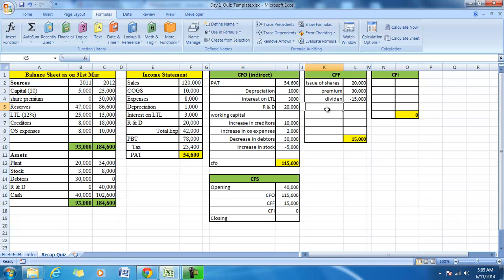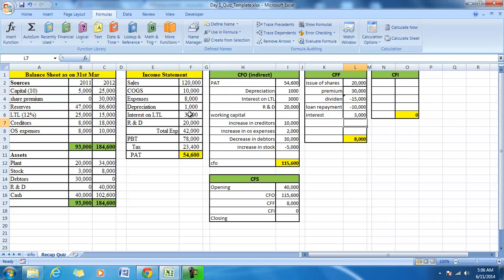We can also see that there is a loan repayment, because the loan has decreased during the period, and that is equal to 25,000 minus 15,000, so minus 10,000. And we paid interest during the period, interest on loan is 3,000.